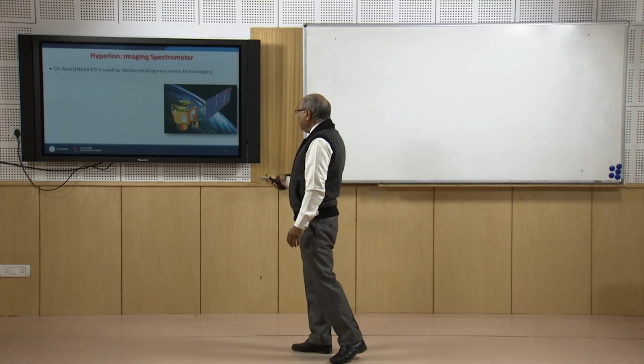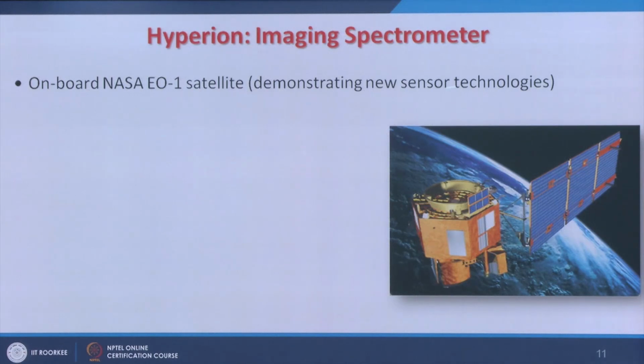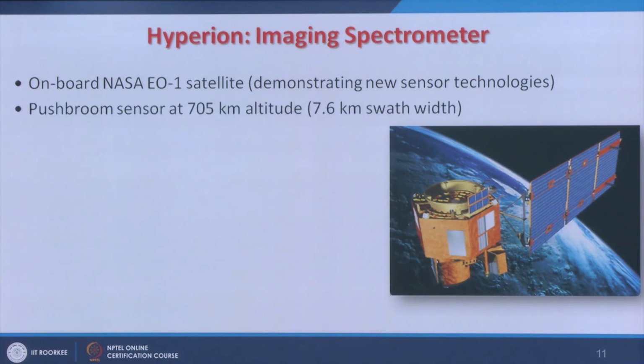Now further, we will see the Hyperion imaging spectrometer on board the NASA EO-1 satellite, which was mainly for demonstration purposes. It is a push broom sensor with an altitude of 7.5 kilometers.